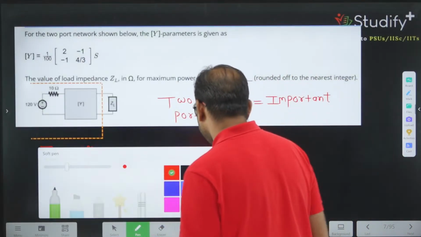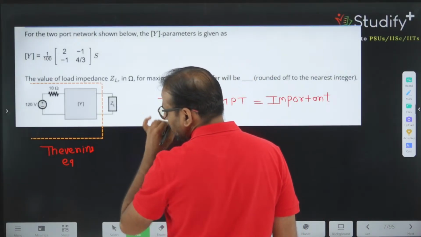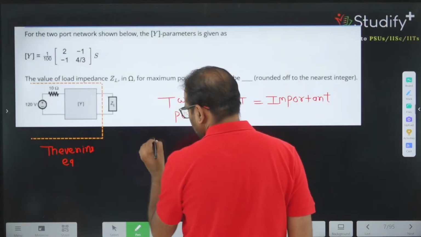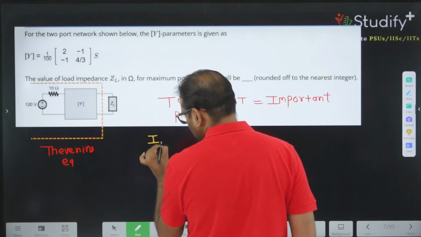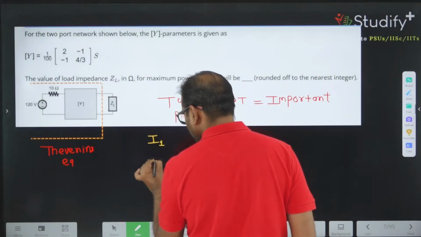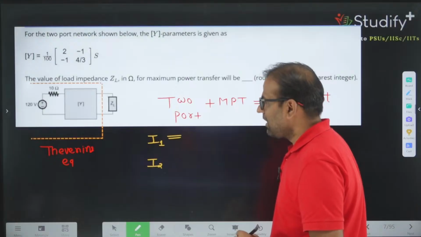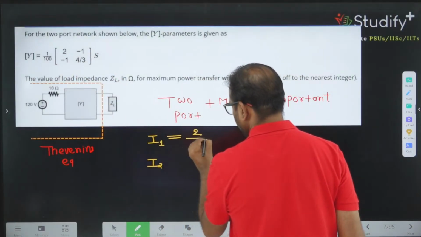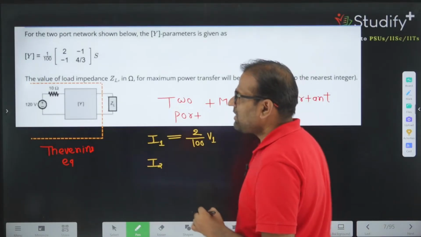What is given? The given data is this. We can write I1, I2. I1 equal to 2 by 100 times V1.